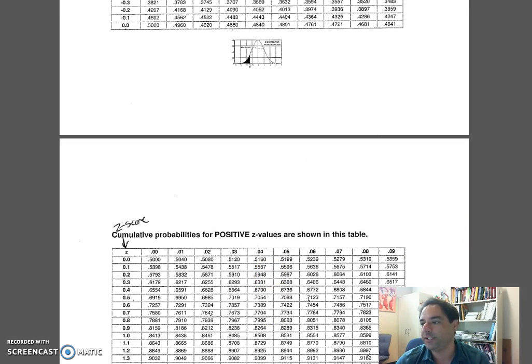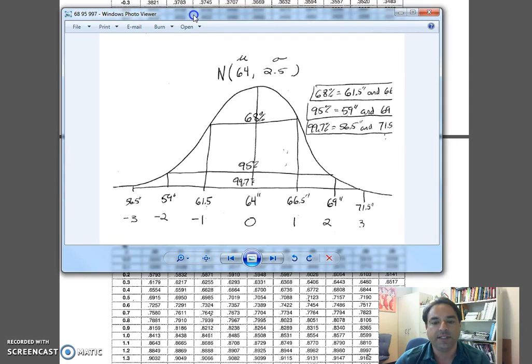So if I go back to this picture with the female heights, notice that this is the center, 1 standard deviation, 2 standard deviations, 3 standard deviations, -1 to the left, -2 to the left, -3 to the left. So if I had 1.2, that would be here. We're finding the in-betweens.